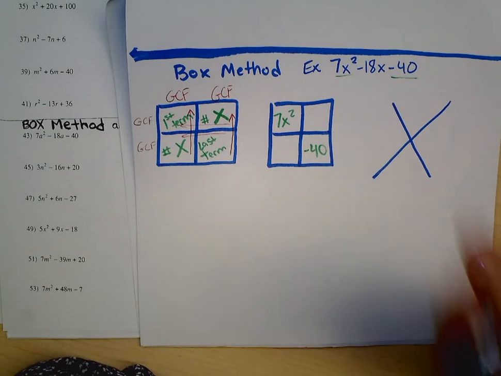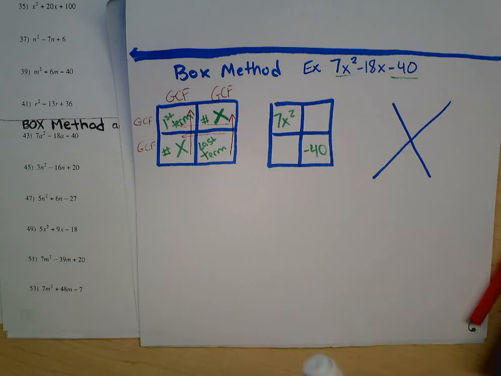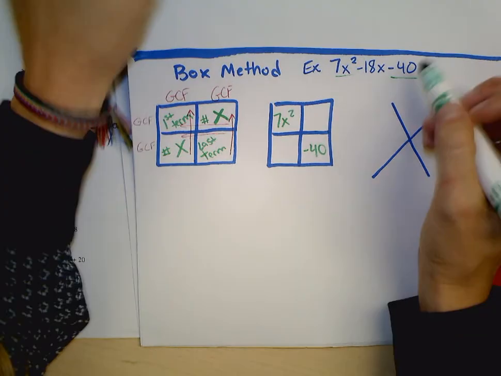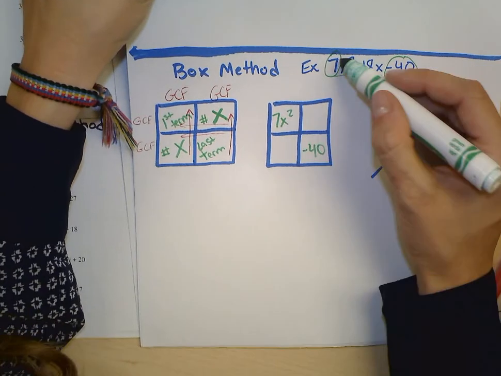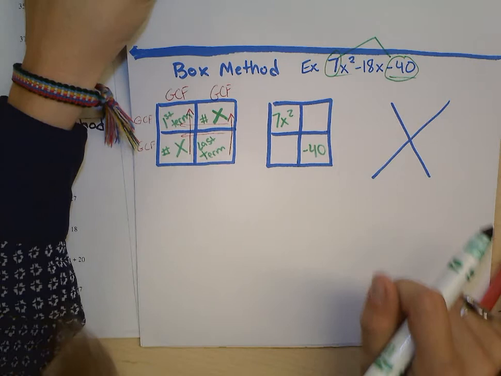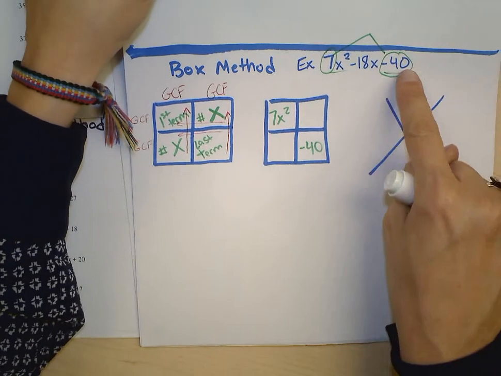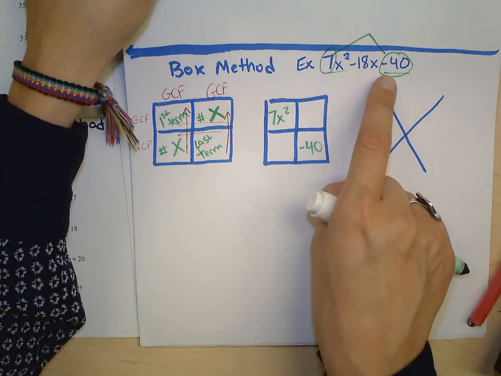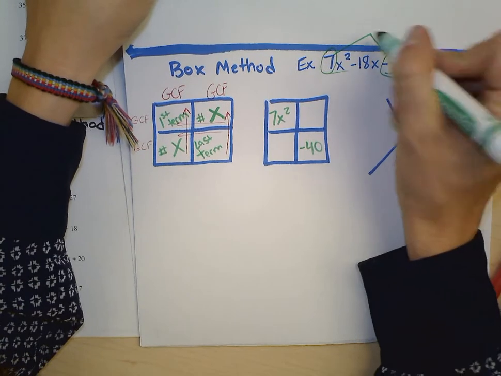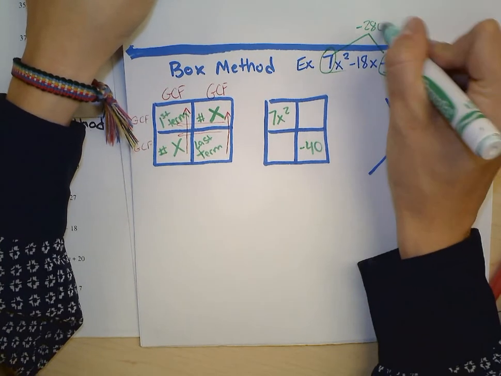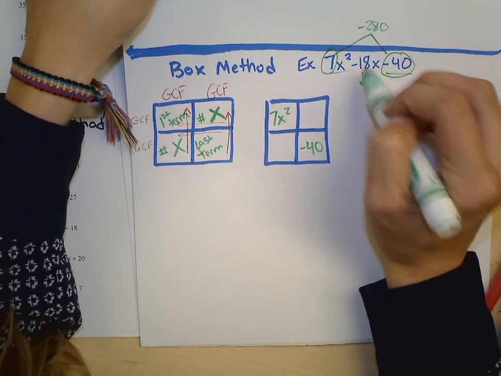But now that we have a coefficient other than 1 in front of the x squared, we have to take negative 40 and 7, the two outside numbers, and multiply them for the top of your X. So negative 40 times 7, well, I know 7 times negative 4 is negative 28, and then I'm going to add a 0. So this is negative 280, and then my negative 18 I can bring down.